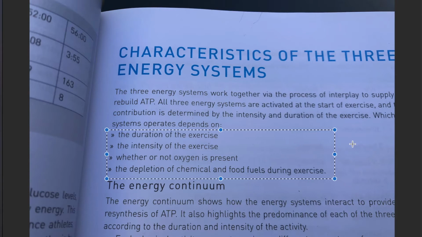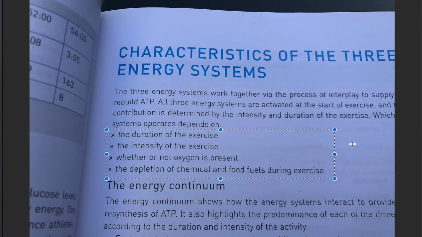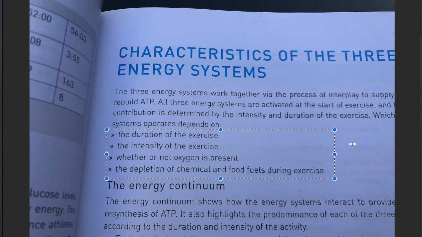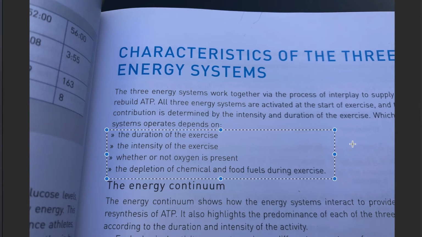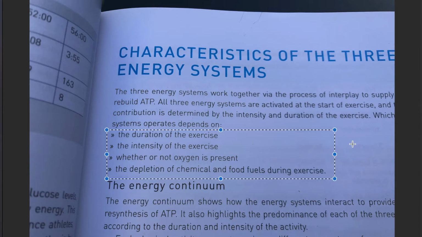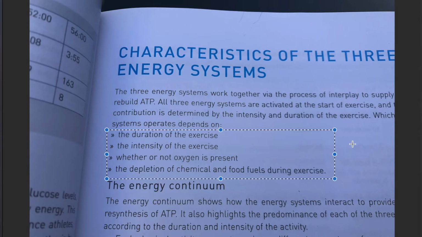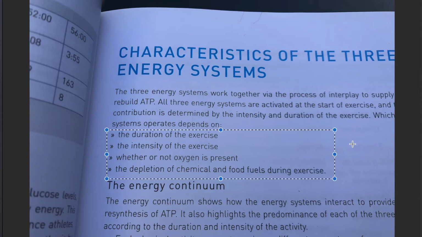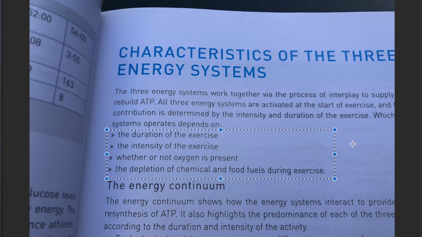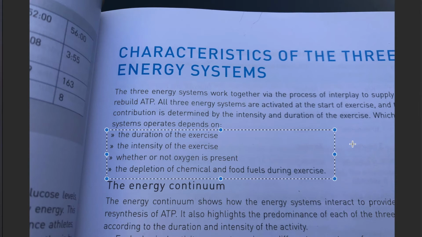I like to rename this to, is there enough oxygen present in the muscle or at the muscle site during this time? And finally, the depletion of chemical and food fuels. So do I have enough fuel present at the time? And those fuels come in different forms depending on which exercise or which energy system is needed at that time.